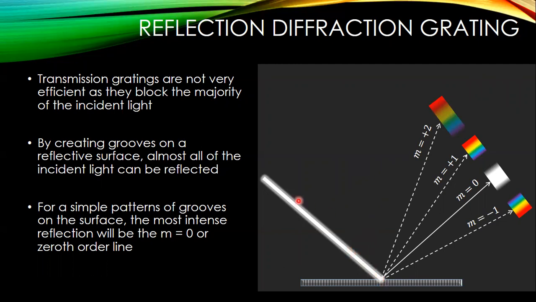Now, in fact, we can make a diffraction grating even more efficient than just a simple take a surface, etch different lines on it, and then coat a reflective surface on it. The problem here is I'm going to be sending energy at all these different orders.